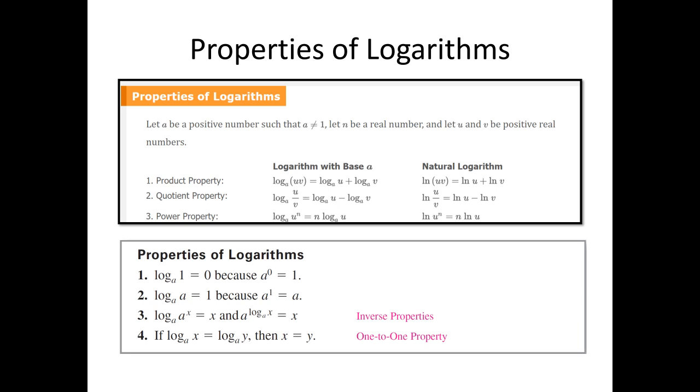So you can call it also the inverse property. You see it better with the exponents. If I have a base a and I take it to the exponent of a log that has the same base a, the answer is going to be x.